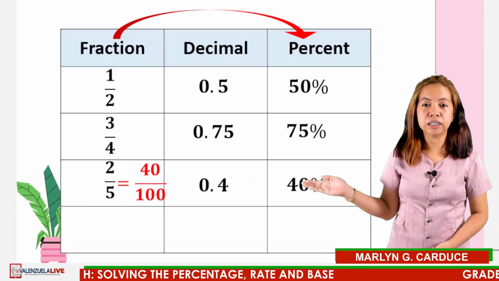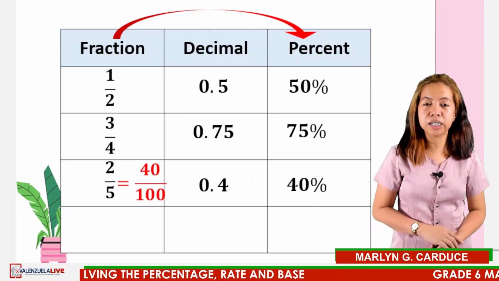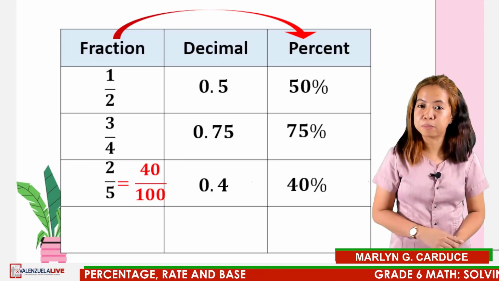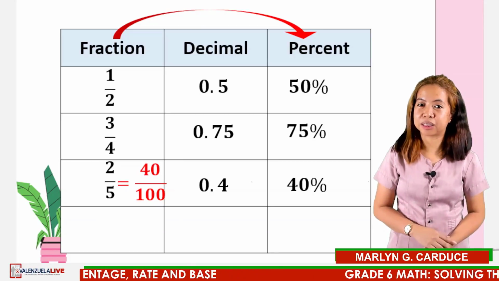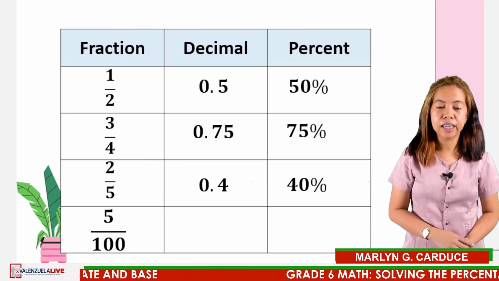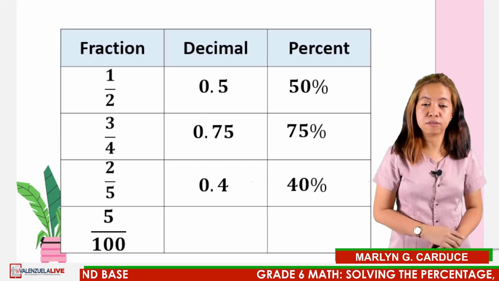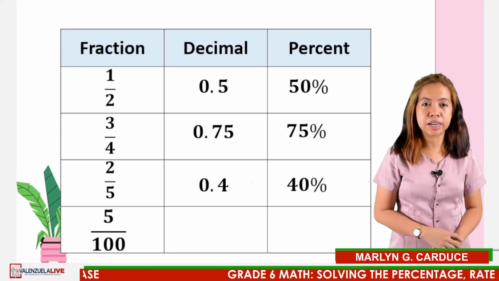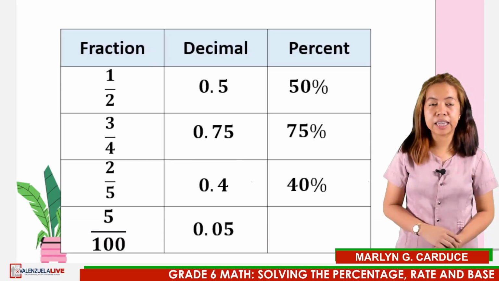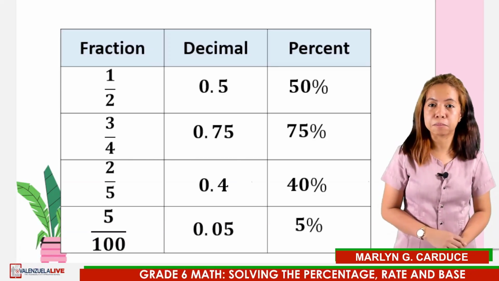Since the fraction has a denominator of 100, we can now write it as percent, which is 40%. And for the last example, we have 5 over 100 in fraction form, which can be expressed in decimal form as 5 hundredths and in percent form as 5%.